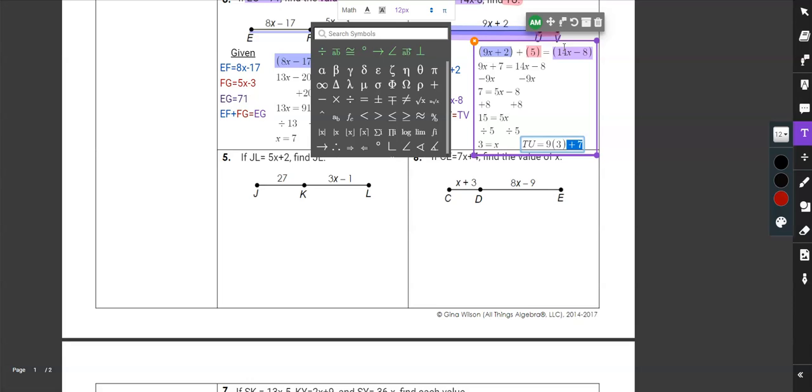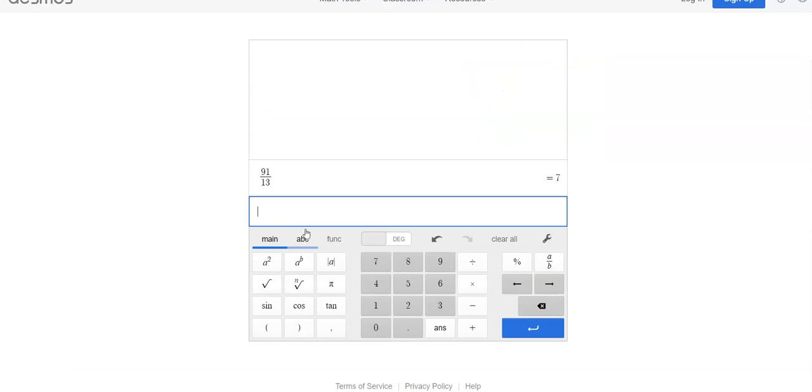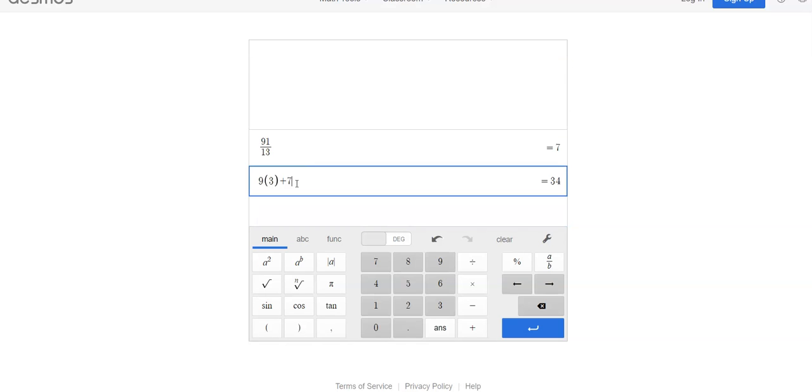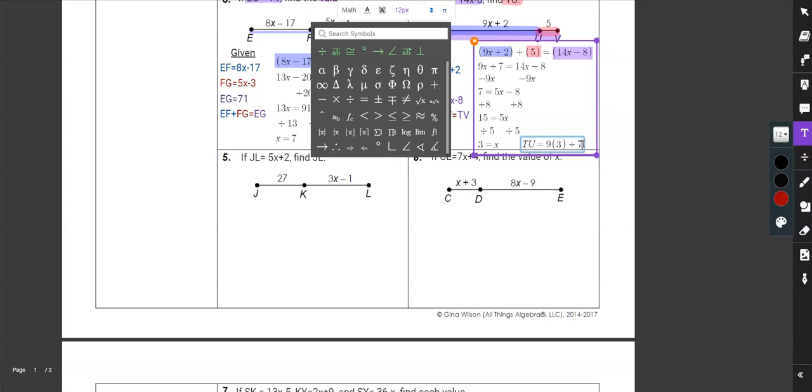And I'm going to show you how you can get this into Desmos quickly. You just highlight it, copy with Control C, paste it into Desmos with Control V. Oops, and that should have been a 2. And then we get 29. I need to fix that. All right, so that equals 29.